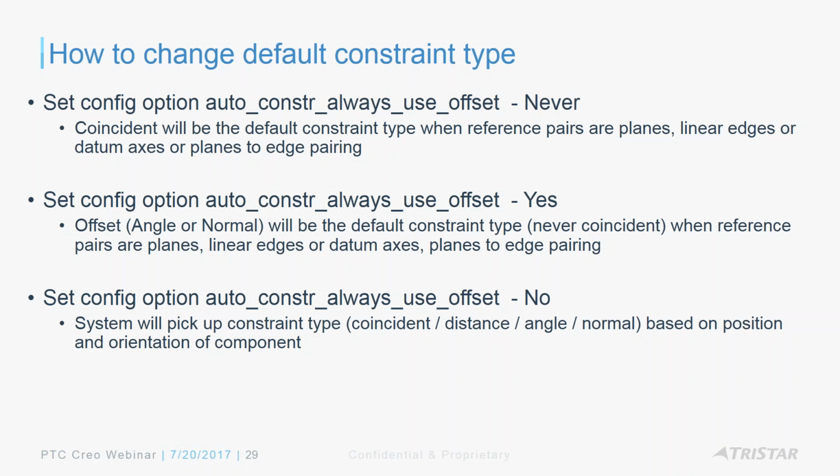And if you set it to no, it will just pick up the right constraint based on how you had oriented it. So let's say it was roughly at 90 degrees or close to 90, then it'll pick up normal. Otherwise, it'll become coincident. So what is that tolerance that really helps with these types of constraints?